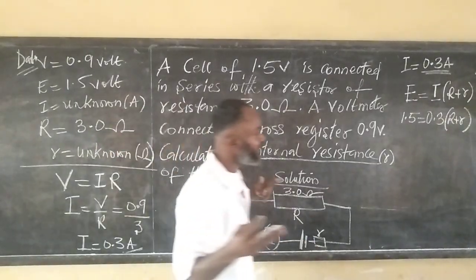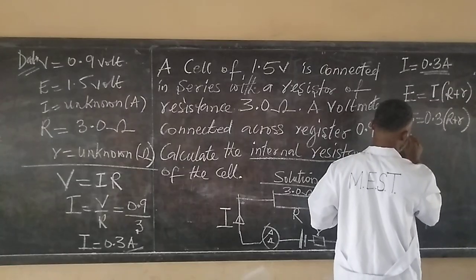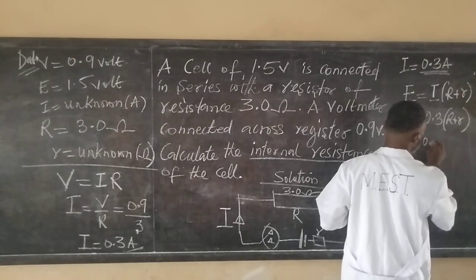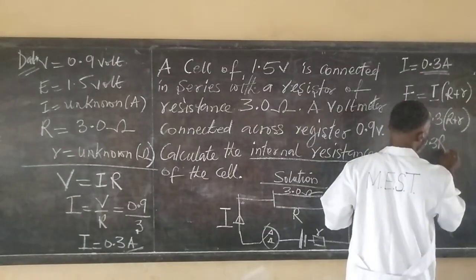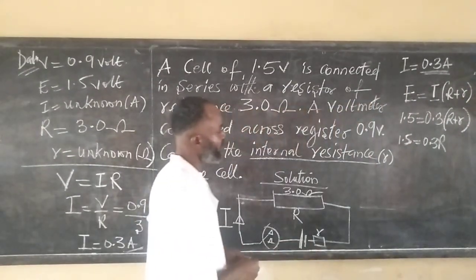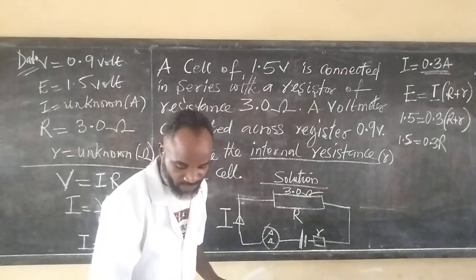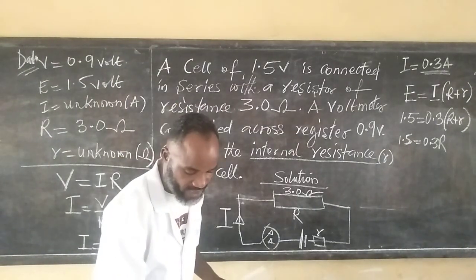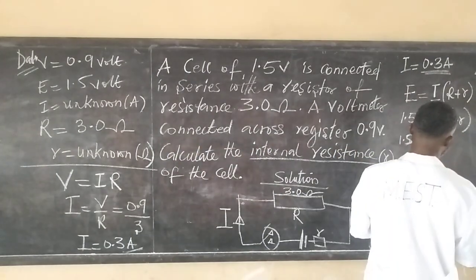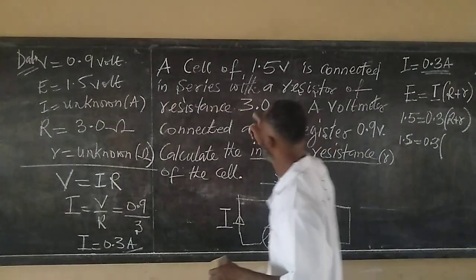We have 1.5 equals 0.3 times capital R, plus 0.3 times small r for the internal resistance. We already know the external resistance, so we can simply substitute. The external resistance is giving us 3 ohms.